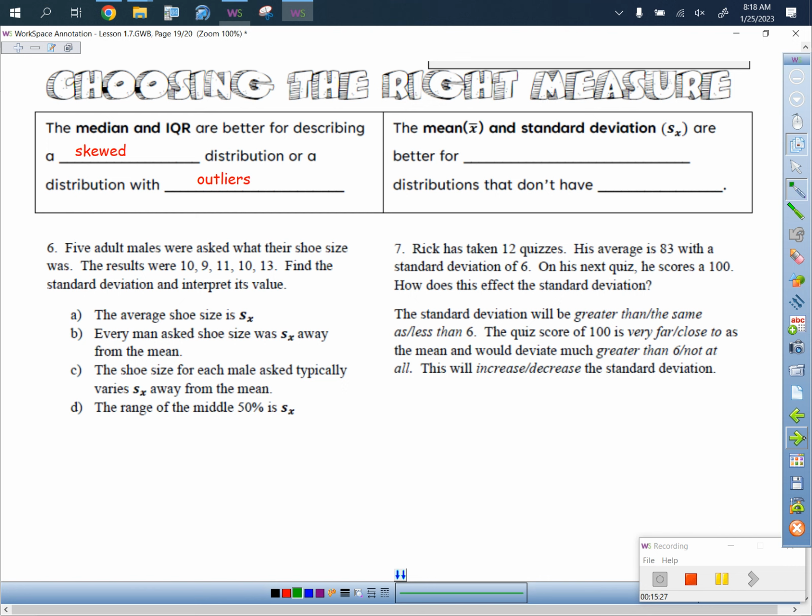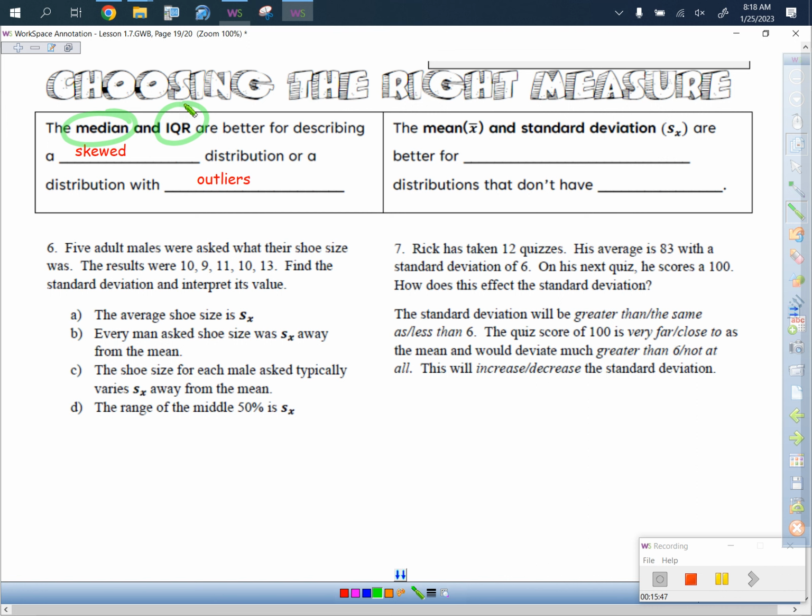All right. Let's choose the right measure. There'll be homework questions out of this. What would be the best measure to choose? If the data is skewed or there are outliers, we're going to use the median and the interquartile range. If you have skewed data or outliers, the median and interquartile range are the best ones to choose.